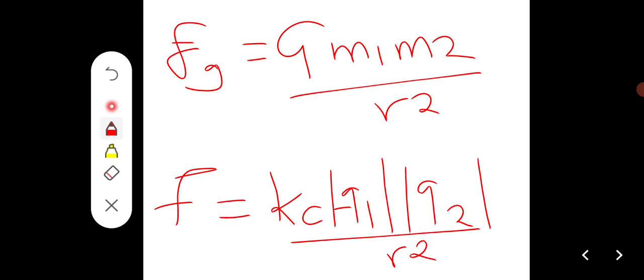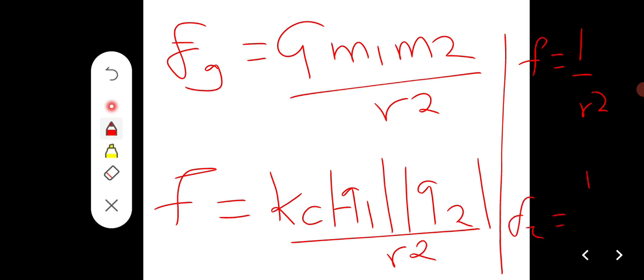So as you look at these two formulas, you can find that we have two similarities here. One is that the force of gravity is inversely proportional to the distance. Also, the electric force is inversely proportional to what? The distance. Meaning, as the distance between the charges increases, the electric force will reduce.